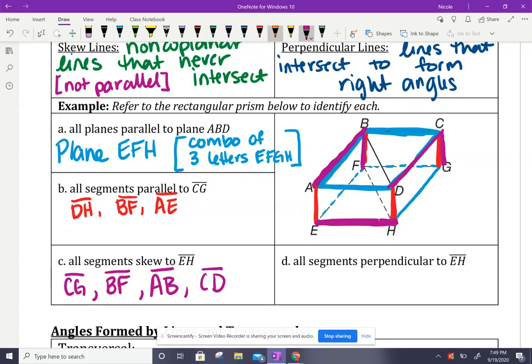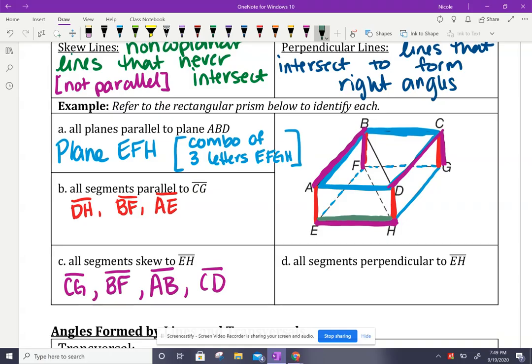Then lastly, we are going to take a look at segments that are perpendicular to EH. So that same segment that we just talked about right here across the bottom. I'm going to do this in a green. See if y'all can see it. And if it's perpendicular, it's going to make a right angle with that line segment in some way, shape, or form.